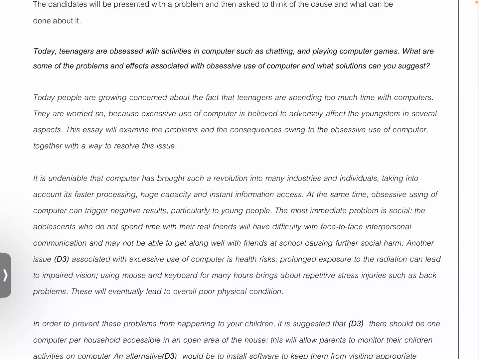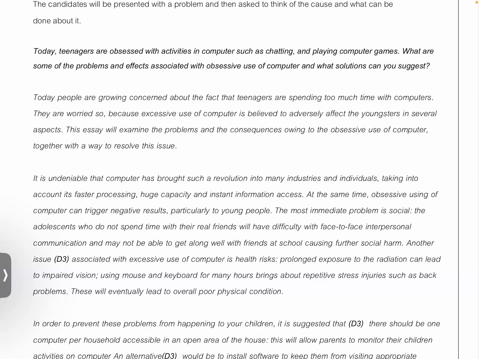Okay, so let's read the introduction paragraph. It says, today people are growing concerned about the fact that teenagers are spending too much time with computers. They are worried so because excessive use of computer is believed to adversely affect youngsters in several aspects. Okay, so first off, the first sentence is the statement of problem. It tells you the ongoing situation.